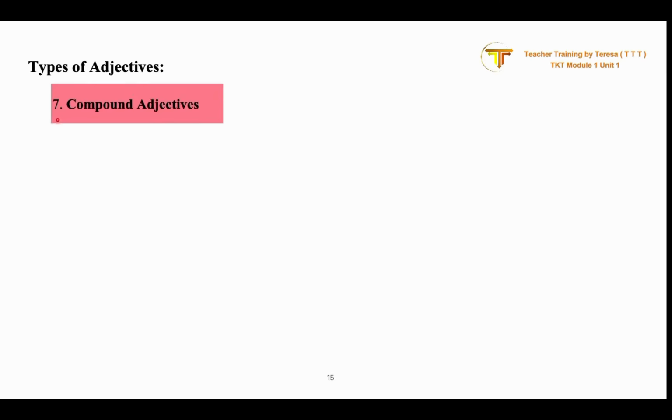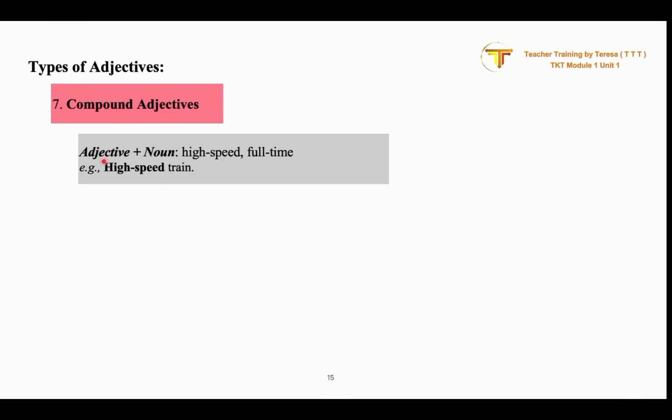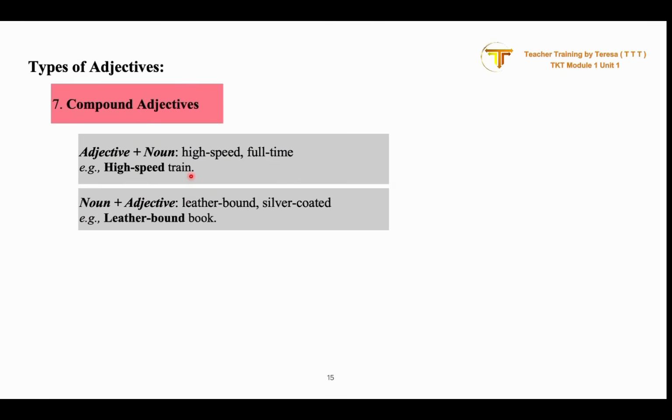7. Compound adjectives. Adjective plus noun: high speed, full time. High speed train. Noun plus adjective: leather-bound, silver-coated. Leather-bound book.